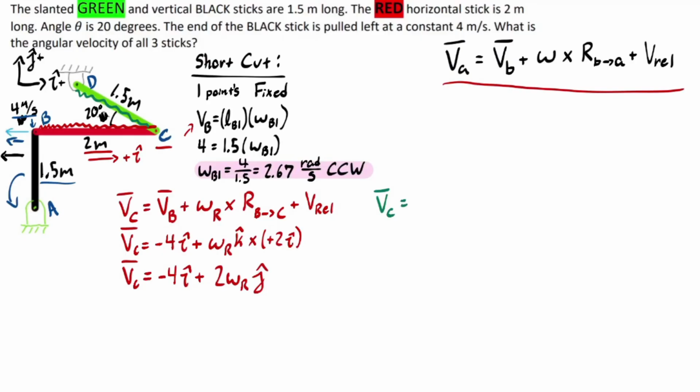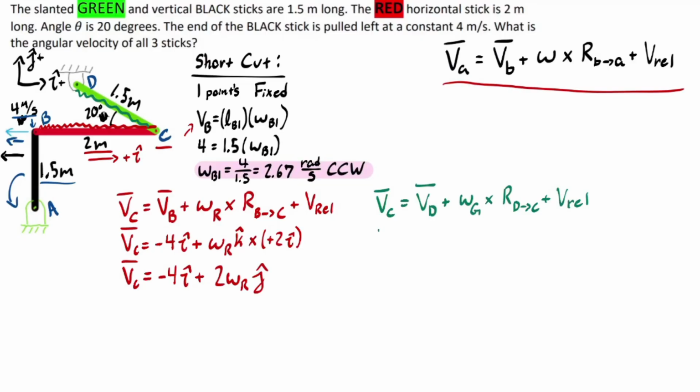So VC equals the velocity of D, and then this same equation, plus the angular velocity of the bar they share, which is the green bar, and then the cross product of their position vectors, going from D to C, plus any relative velocity they have to each other. Easy enough.